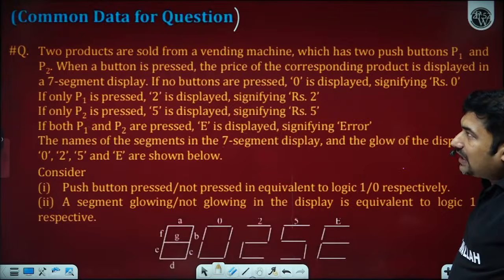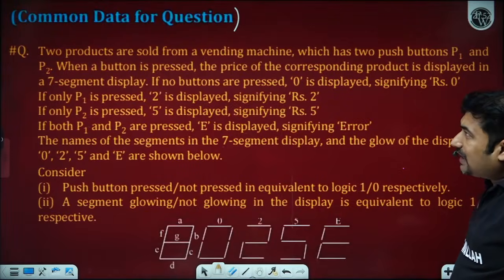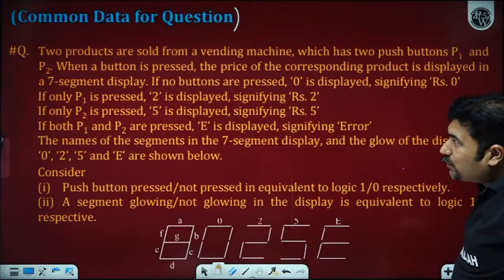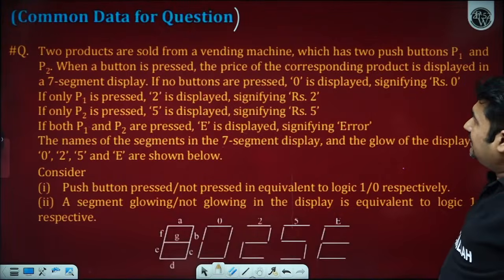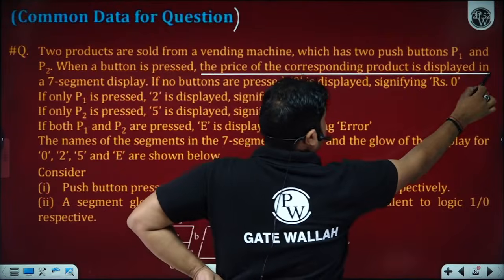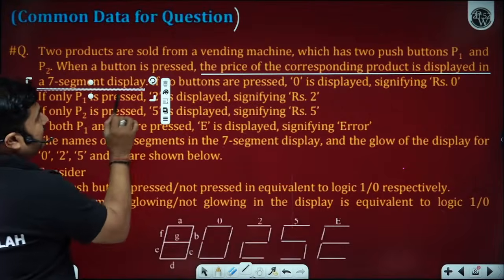Two products are sold. Please observe the question once. Two products are sold from a vending machine which has 2 push buttons P1 and P2. When push button P1 is pressed, the price corresponding to the product is displayed in a 7-segment display.